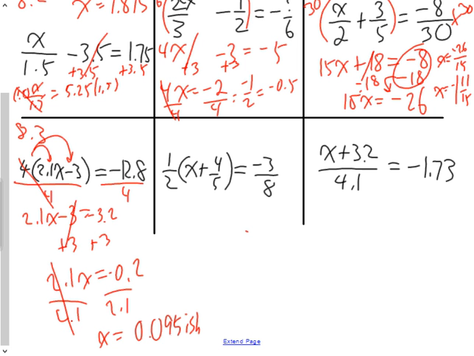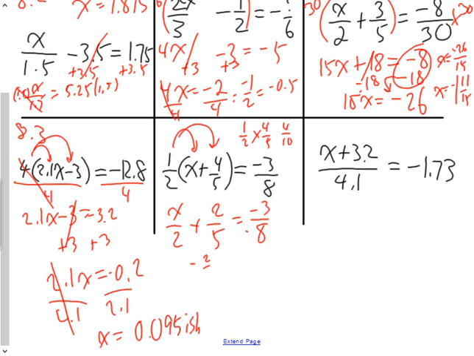And your final two, excuse me. I'm going to expand this, see what happens. So I get half of x plus the product of a half and 4/5, which would be 4/10, and 4/10 in lowest terms is 2/5, equals negative 3/8.